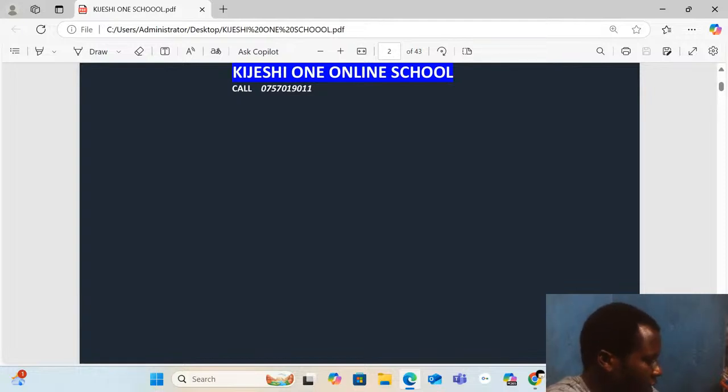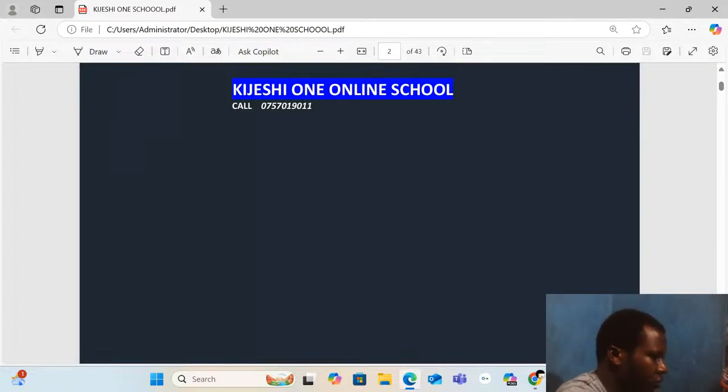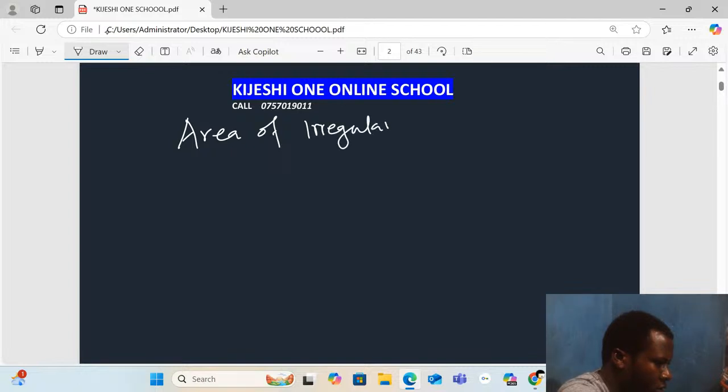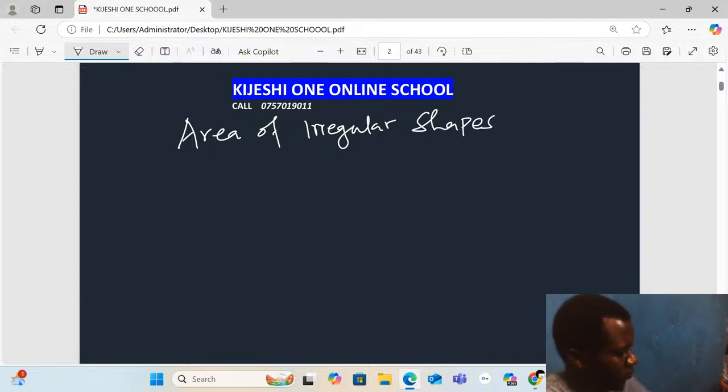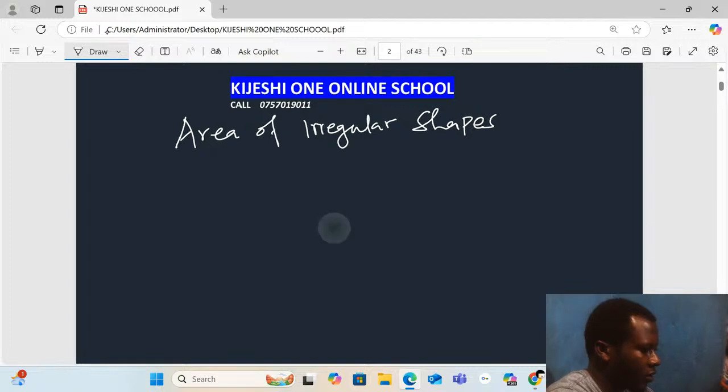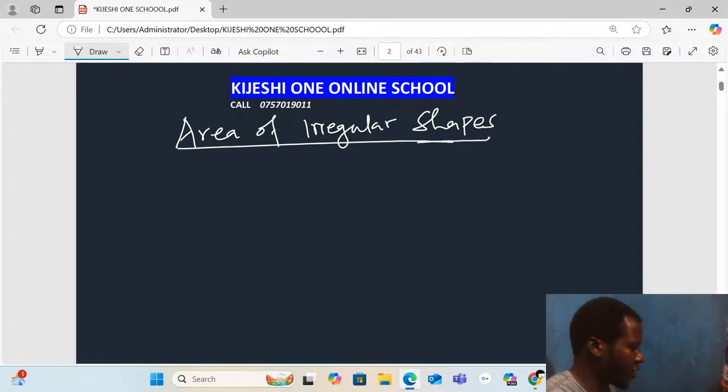Okay, today we are going to look at the area of irregular shapes.